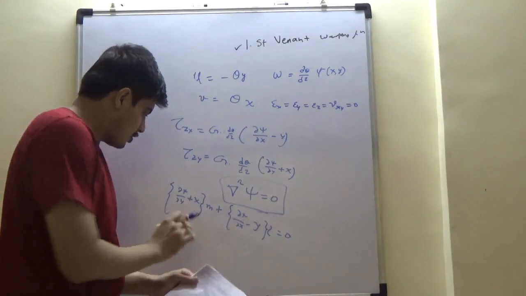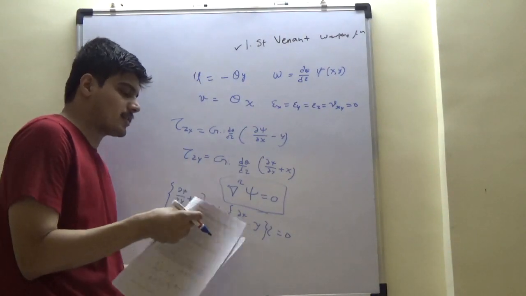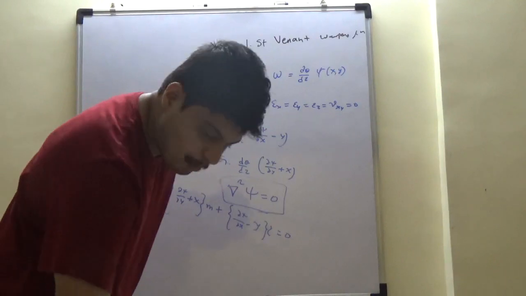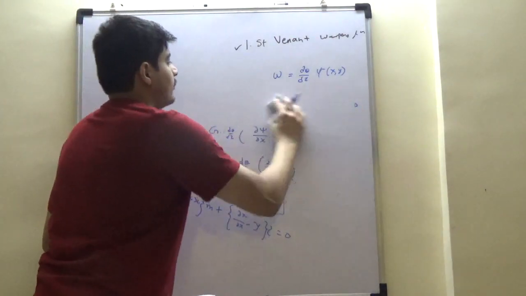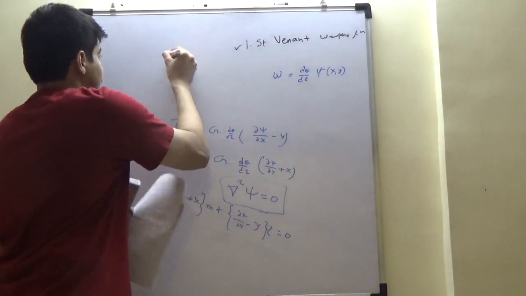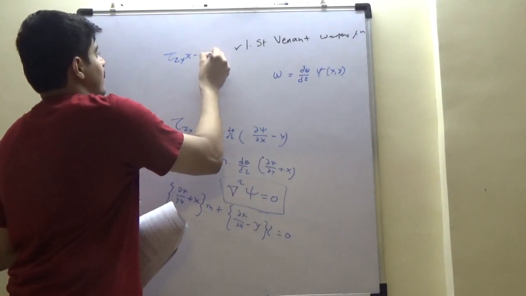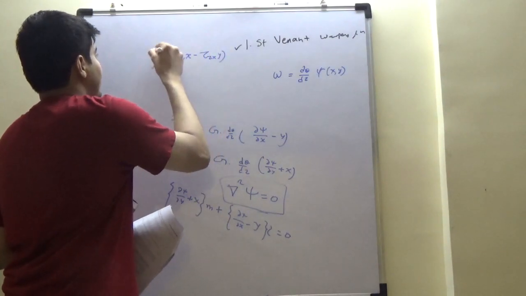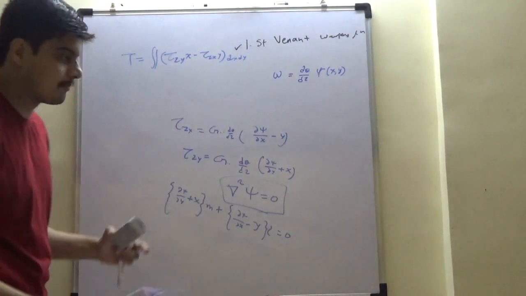Now you can show easily that this also satisfies your stress, but that is not a part of any GATE or standard examinations. Most important is, so far we have not used in this framework what is called the torque balance, right? Because we have said that the integral of tau zy x minus tau zx y dx dy has to balance the inbuilt torque, right?